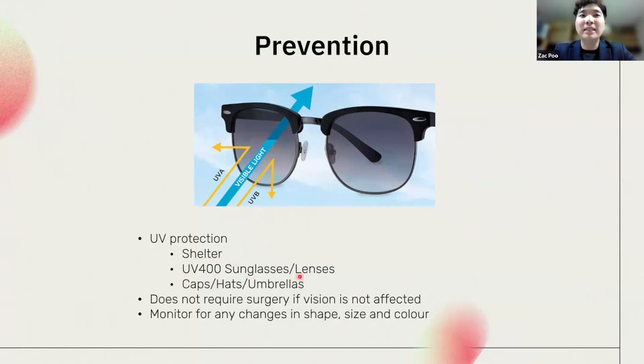For sunglasses and lenses, you will have to take note, because it's best to get UV 400 sunglasses or lenses. UV 400 means 100% blocking of all UV rays. Anything less usually allows some UV to pass through, which may not be very helpful. Caps, hats, and umbrellas also act as a form of temporary shelter for your eyes, so that would be good for UV protection as well.